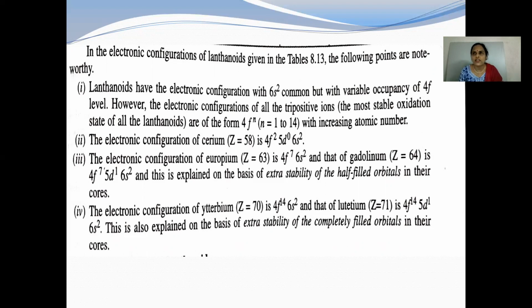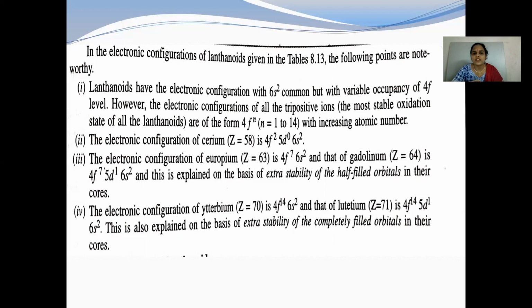The electronic configuration of cerium, Z equals 58, is 4f2 5d0 6s2. The electronic configuration of europium is 4f7 6s2, and that of gadolinium, Z equals 64, is 4f7 5d1 6s2, and this is explained on the basis of extra stability of the half-filled orbitals in their cores.